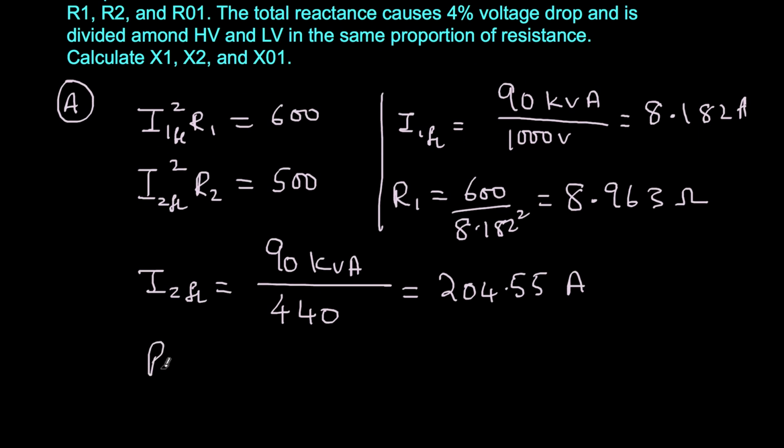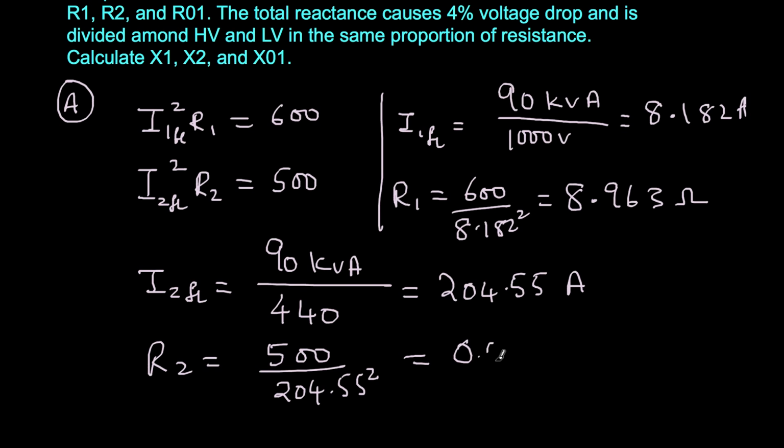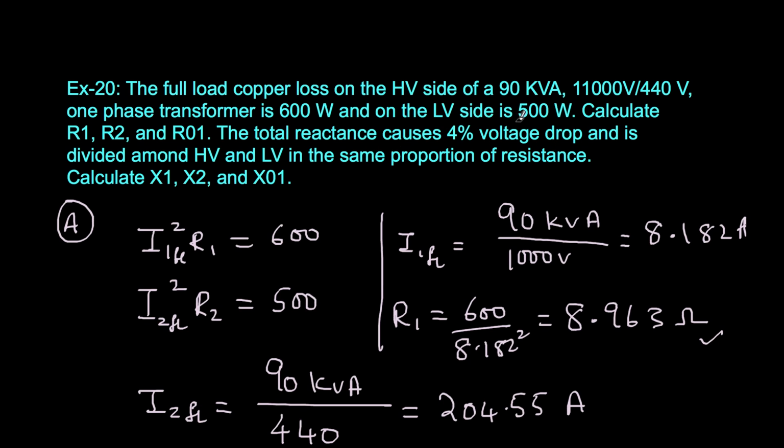Therefore R2 is 500 divided by 204.55 square. I'm getting 0.0112 ohms. So I have both the resistances. This is the primary resistance, this is the secondary resistance. Calculate R1, R2. Exactly, we have done that.